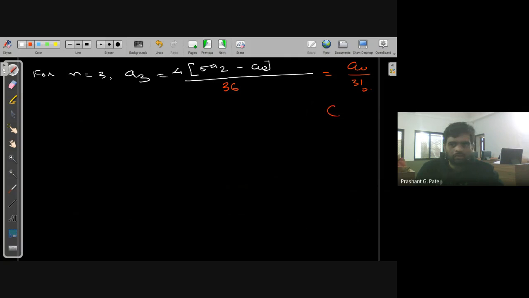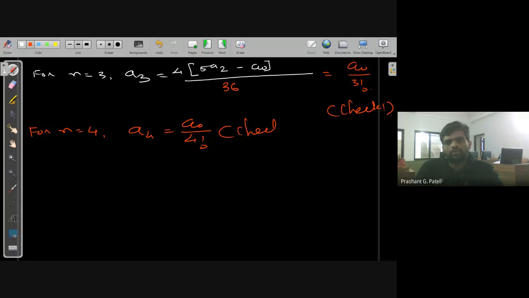That you can check, this calculation. Now for n equal to 4, you will have A4 will be A0 by 4 factorial. That also you can check by yourself. And so on, so it is easy to predict for any n. We have an will be A0 by n factorial.